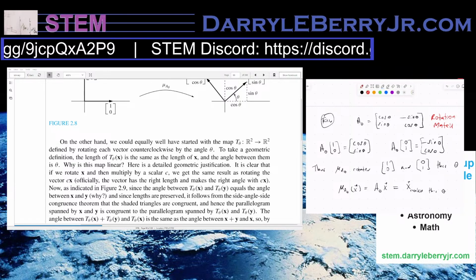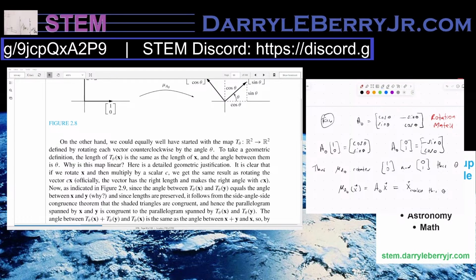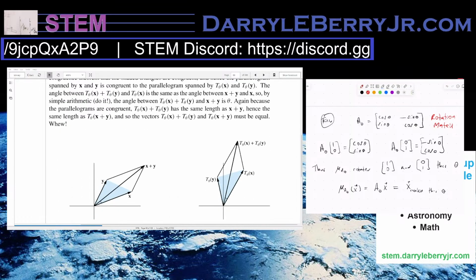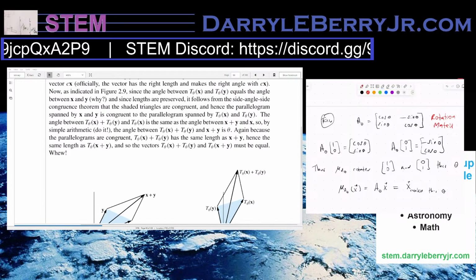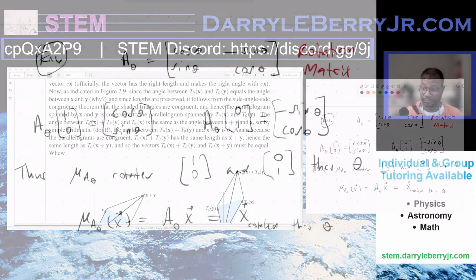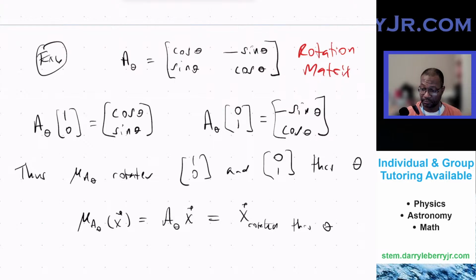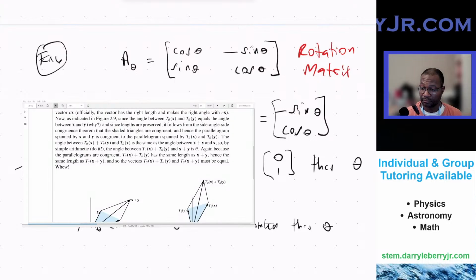Now, as indicated in figure 2.9, and I'll enlarge the book.